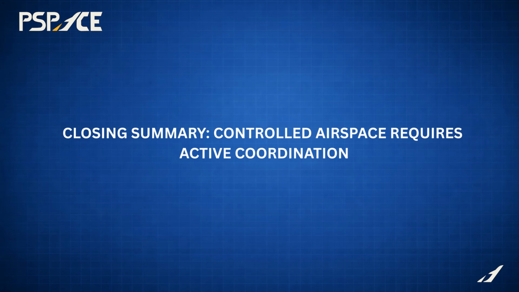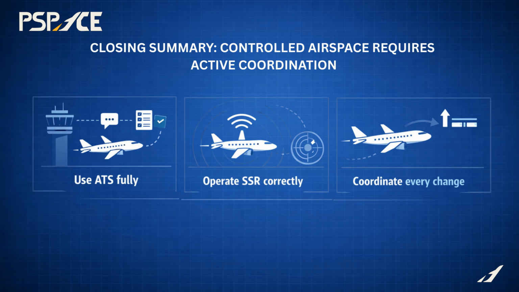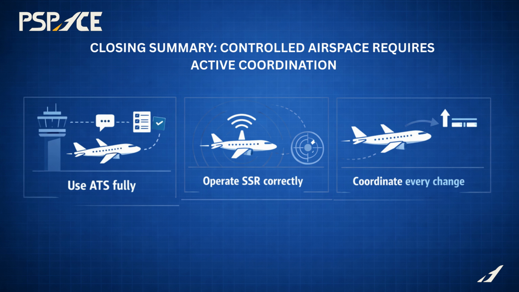To close, this lesson is about active coordination in controlled airspace. The operator must ensure that ATS is properly built into planning, communication, reporting, flight plan filing, and contingency procedures.